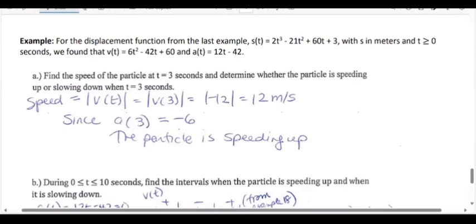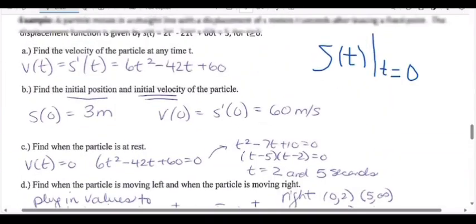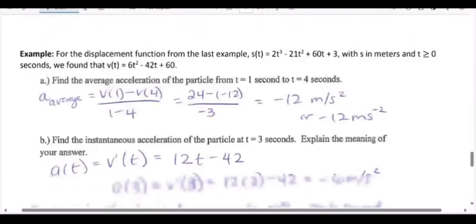So how do I know it's speeding up? I said something here the other time. When the velocity and acceleration have the same sign, the object in motion is speeding up. When the velocity and acceleration have different signs, it is slowing down.